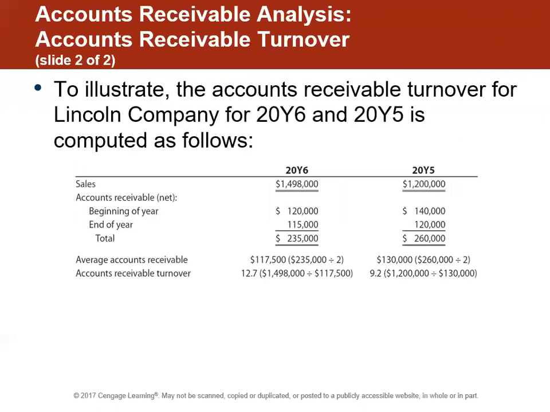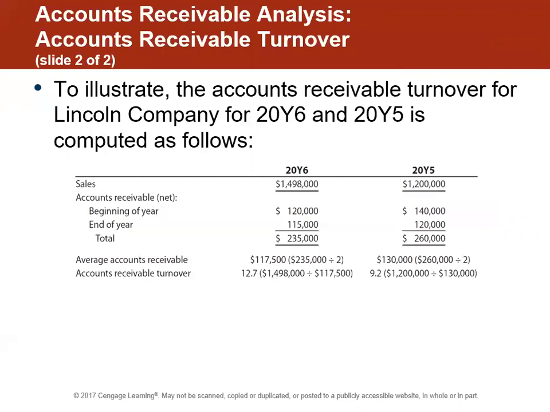For example here, they told us accounts receivable at the beginning of the year, which was the same as the end of last year, is 120,000, and at the end of the year is 115,000. So we added those two together to get 235,000 and divided by 2. So our average accounts receivable is 117,500.